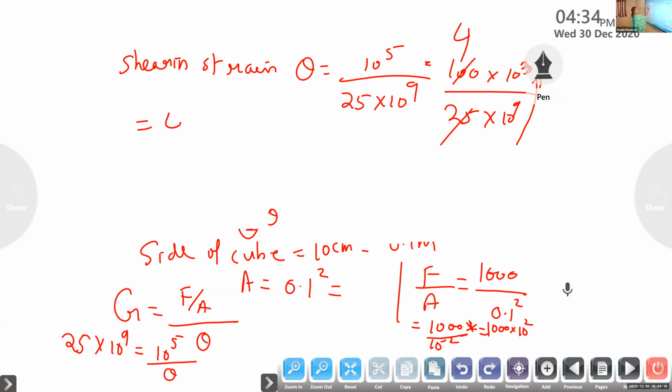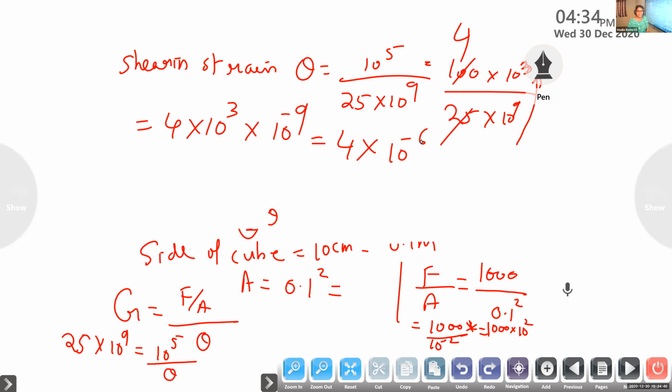So you will get 4 into 10 to the power of 3 into 10 to the power of minus 9. And what is the shearing strain? 4 into 10 to the power of minus 6. Still we did not get the answer.